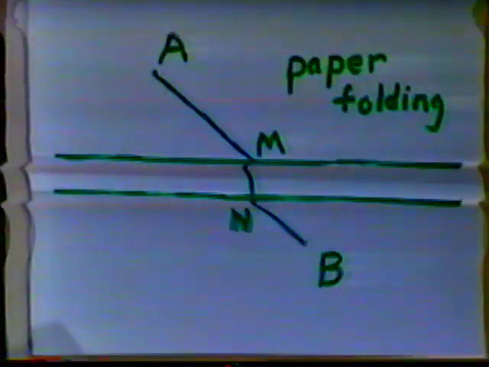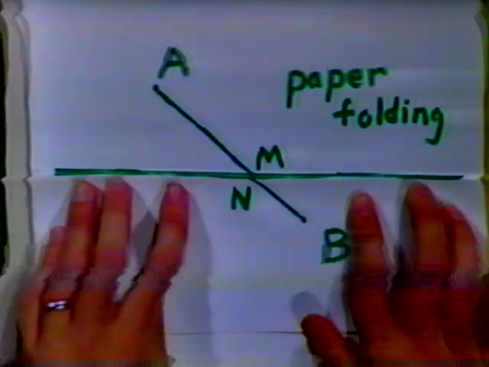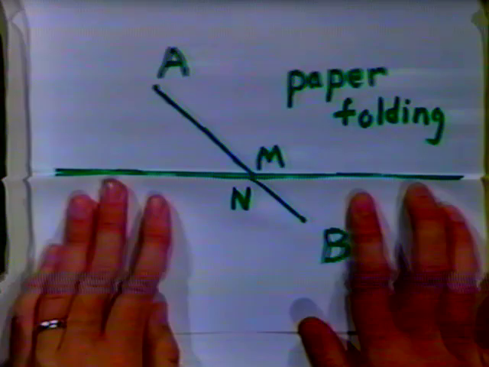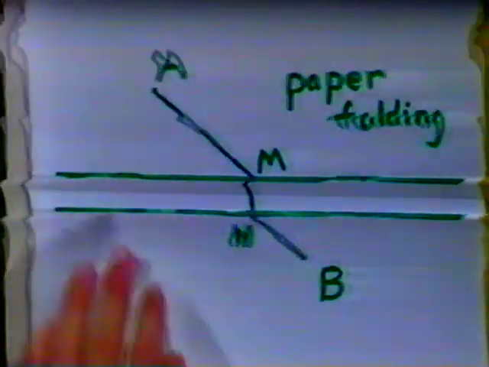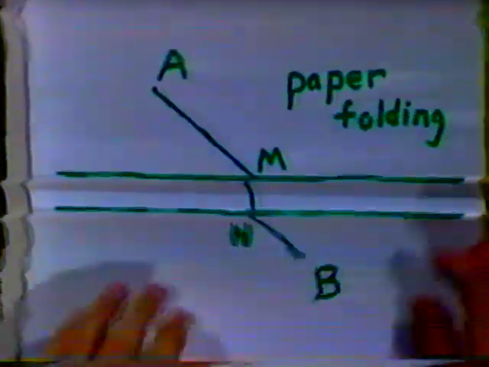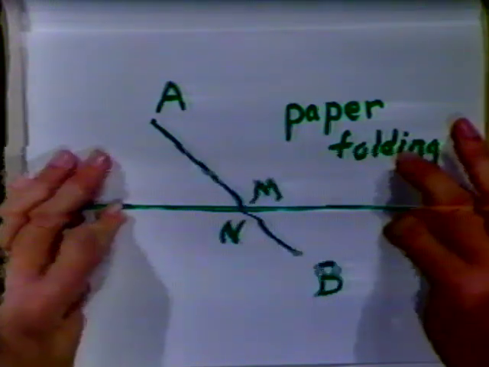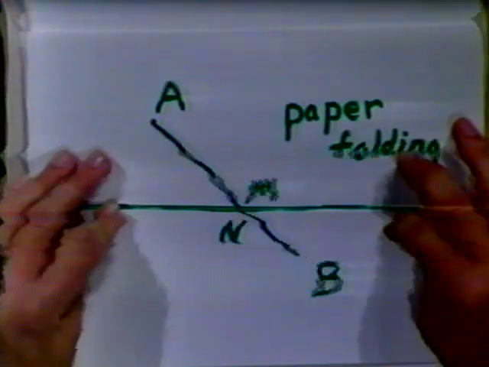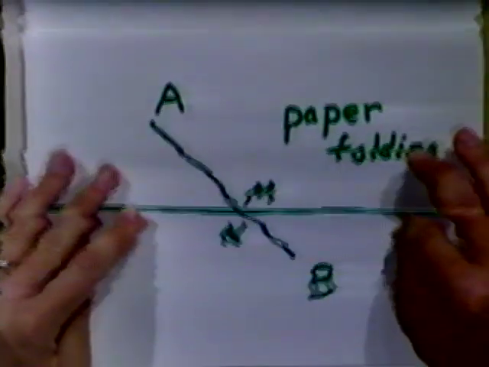In this solution, you simply notice that if you were to fold the paper so that one bank of the river laid down on top of the other, I could connect A and B by a straight line, unfold the paper, and draw in the bridge going from M to N. Of course, what's happened here is that I've applied a translation. I've taken the top half of the paper and moved it down, translated it vertically, so that I've eliminated the river as an object that needs to be crossed. Okay. It's clear here that the shortest distance from A to B would be the straight line.